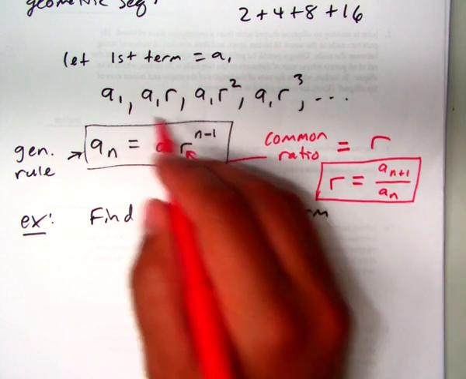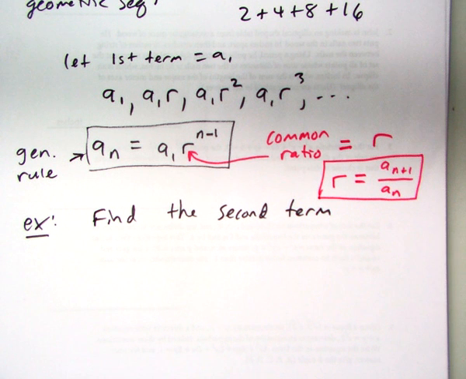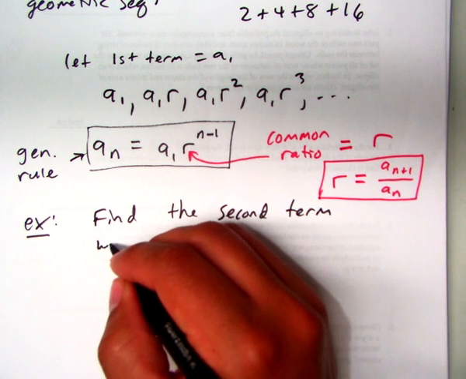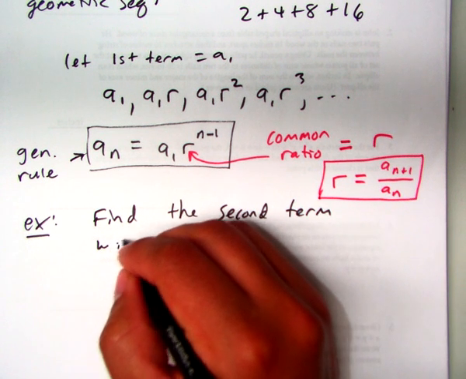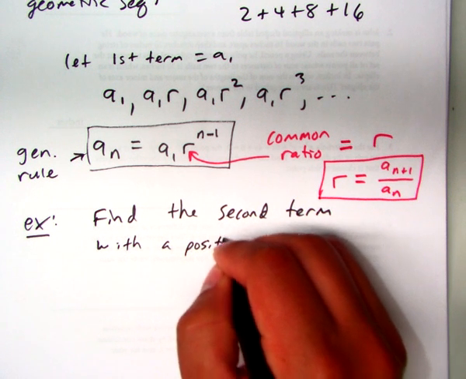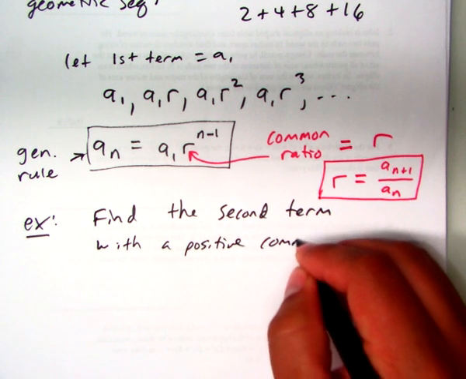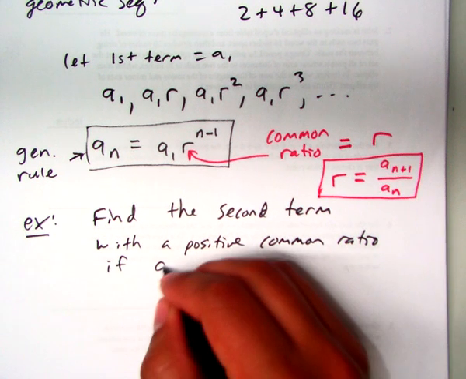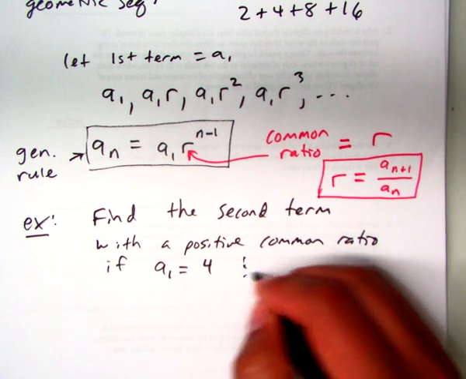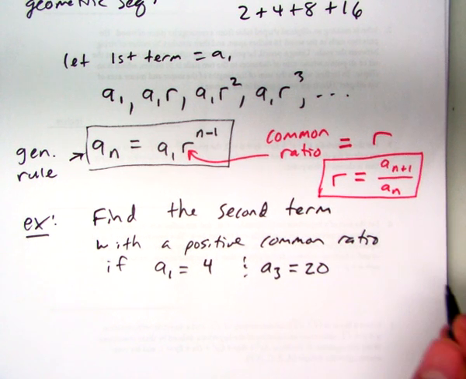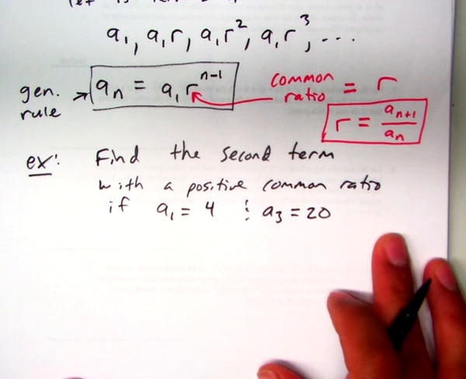With these two formulas, you should be able to pretty much solve anything that's involving a geometric sequence. Okay, so for example, if we want to find the second term with a positive common ratio, if a1 is 4 and a3 is 20, well, there's a few things we can do.